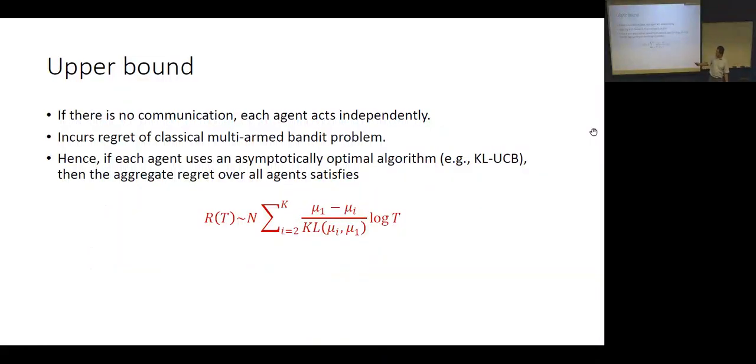In that case, you just get the Lai-Robbins bound, or the regret per agent, and then n times that. There are algorithms for achieving this, essentially. Using the individual KL-UCB algorithm, for instance, you can get this regret per agent, and n times that over all the agents. Here k is the number of arms, n is the number of agents.